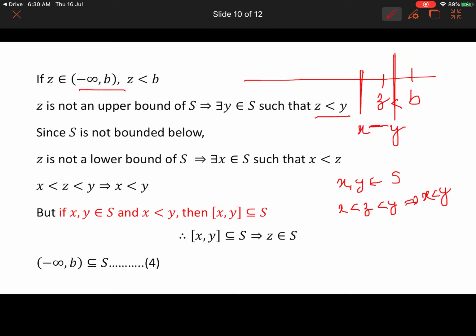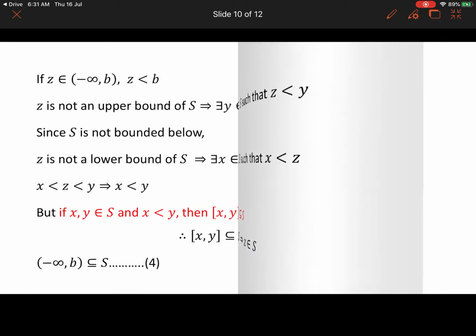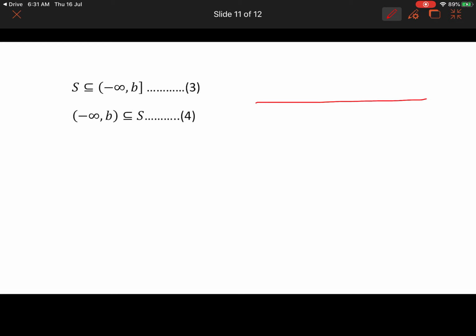So we have started from z an element of minus infinity B, and we have ended up with z is an element of S. Means the open interval minus infinity B is a subset of S. So we have S is contained in minus infinity closed B, and minus infinity open B is contained in S. So S lies to the left of B, and anything strictly less than B is in S. So here S has again two chances.